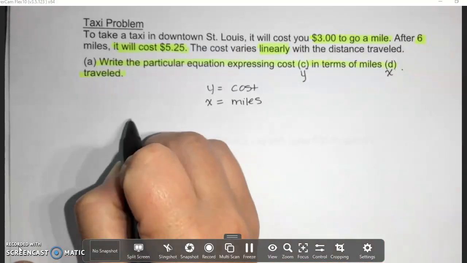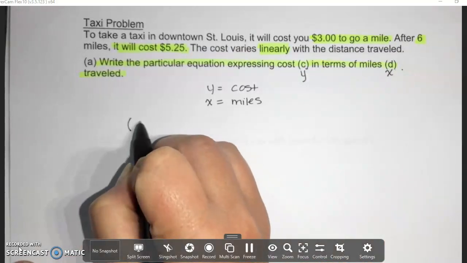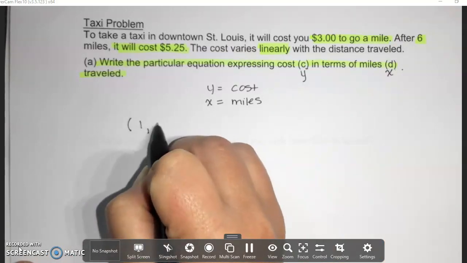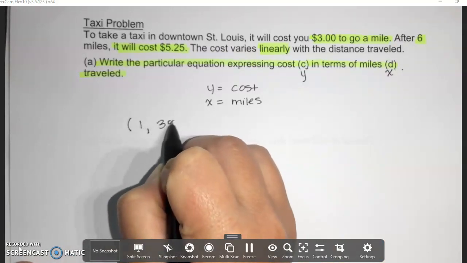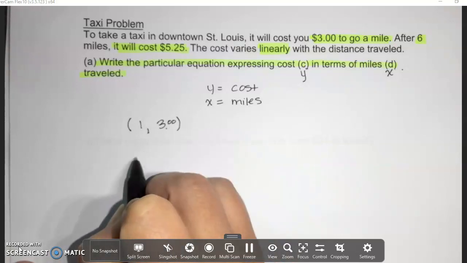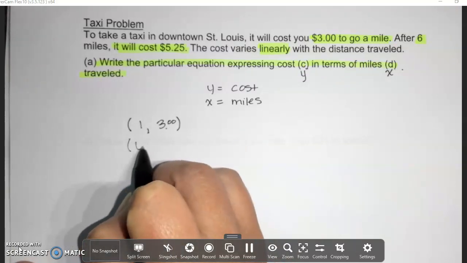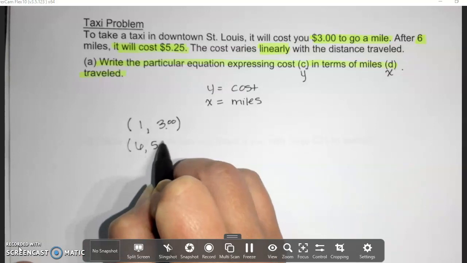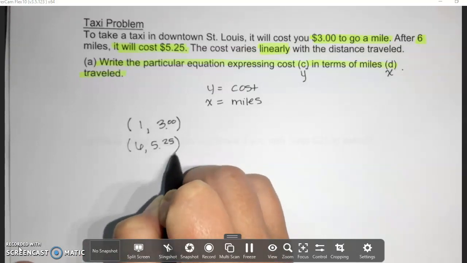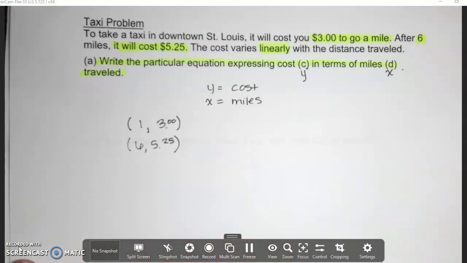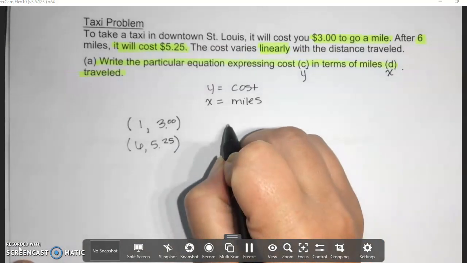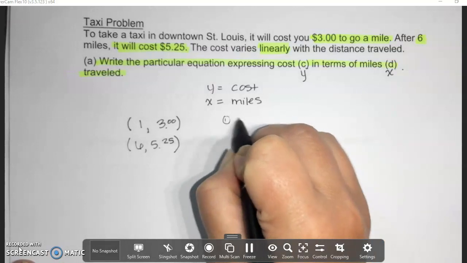Okay, so when you go 1 mile, the cost is $3. When you go 6 miles, the cost is $5.25. So now that I have that, I can determine an equation to express the cost. I've got to find first the slope.